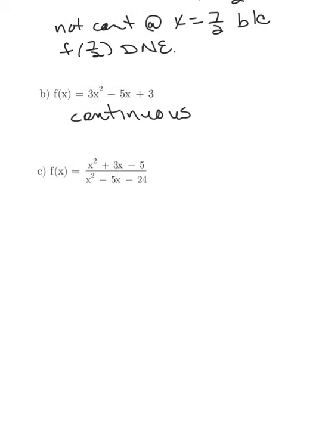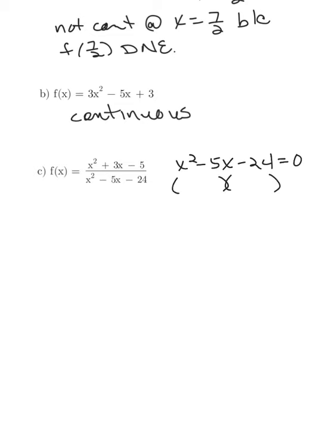On example C, we are given another rational function. Rational functions are not continuous where the bottom equals 0. So we need to set that denominator equal to 0. When you set the quadratic equal to 0, you want to try to factor that thing.